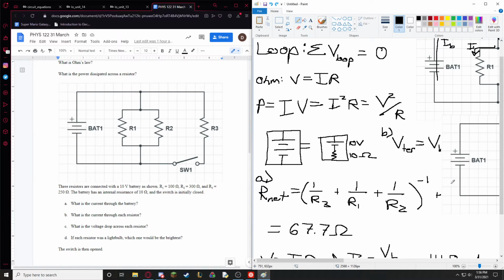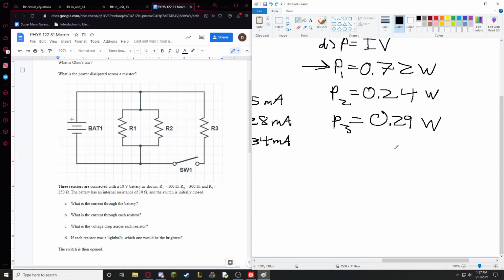Does that make sense? My wording's a bit weird. But basically, if we have, like, 1 over 4 plus 1 over 2.